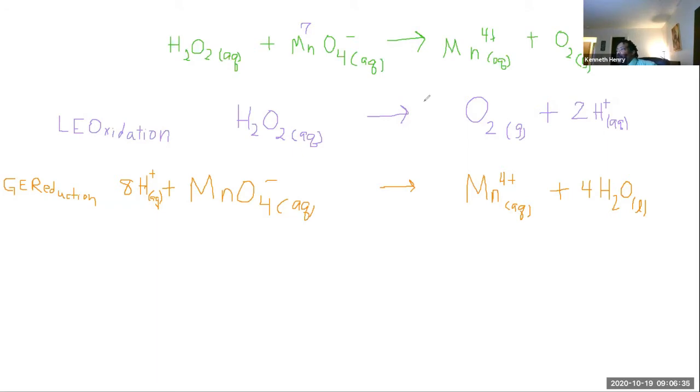Yeah. We don't have to worry about adding oxygen because we had the right amount on both sides. O2 here, O2 here. Aren't they equal? So we don't need to add water in that case. So what do we need to add to balance out the hydrogens? We're going to need the hydrogen ion.